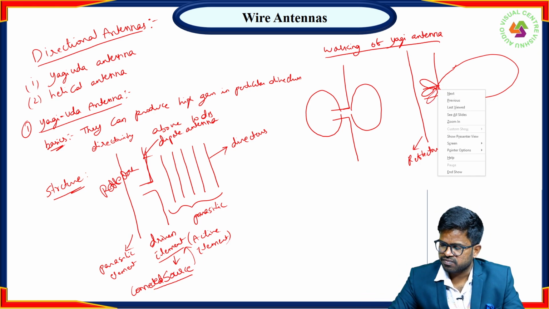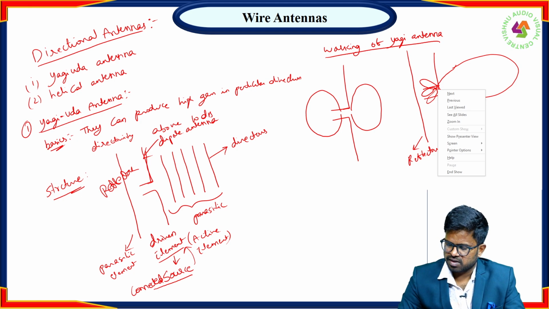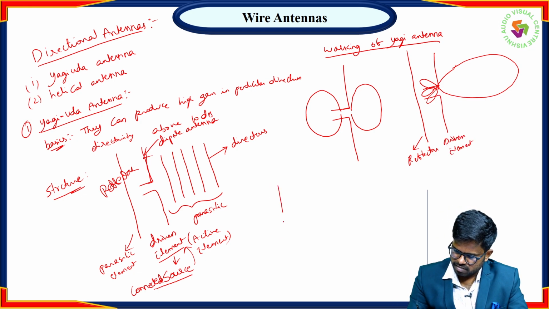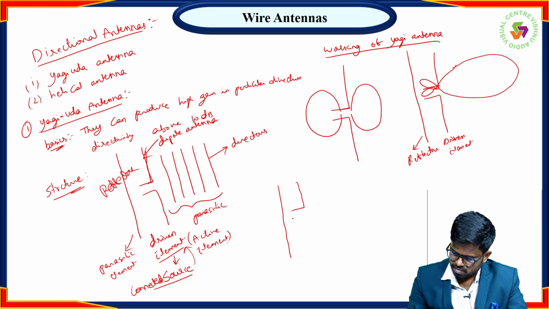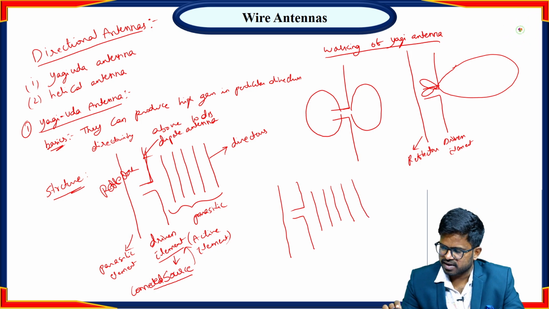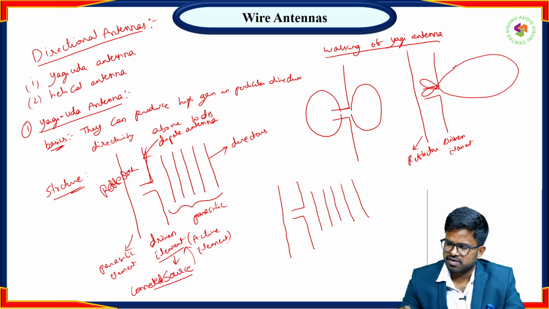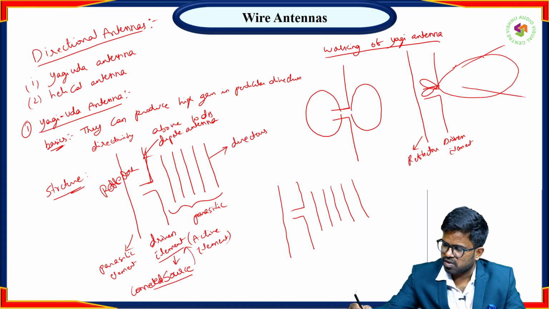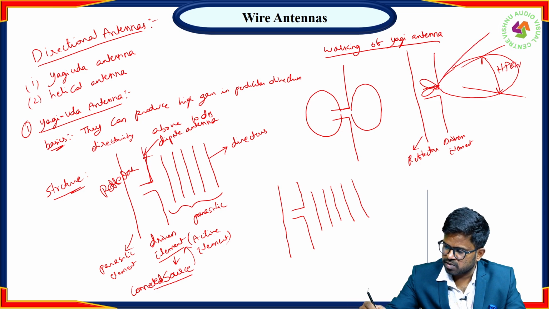Then what is the purpose of these directors? Okay, when we place these directors, the beam width of the antenna. What is the beam width? Beam width means the beam width between two half power points. This is half power beam width, or between two nulls.